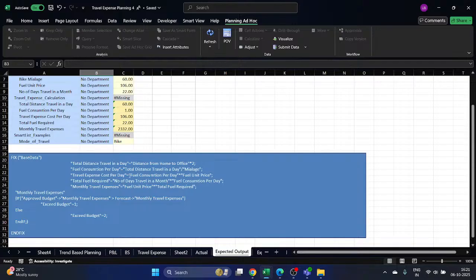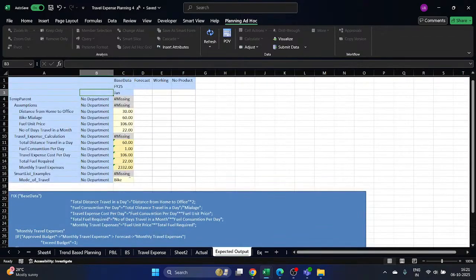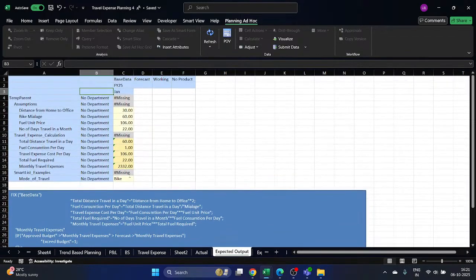You can see there are certain business rules which we can implement here, like fixed base data, base data entity, fix base data entity, and all the dimensions we will enter like this: account, entity, scenario, version, HSPView base data.